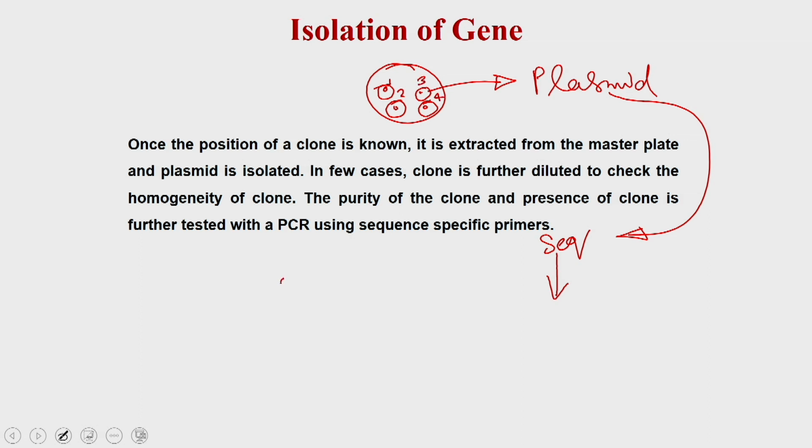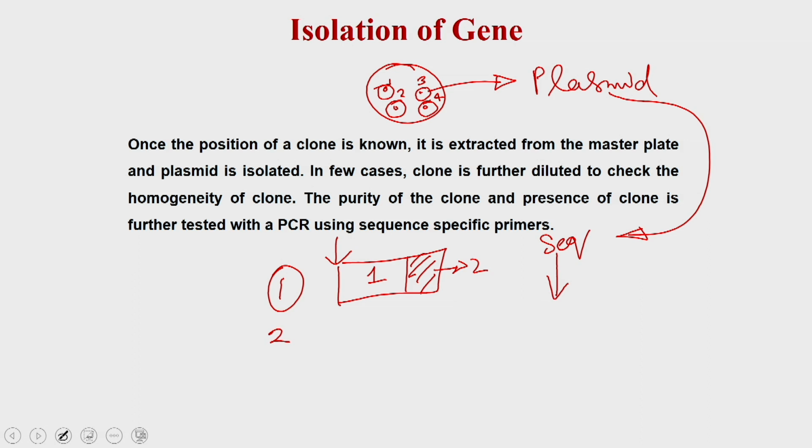Now, for clone number 1, you may have a gene 1 which is half, and you may have another gene which is gene 2. So, you have a small fragment of 1 and a small fragment of 2, which means this gene got broken down from here, and then you also have some more DNA from gene number 2.